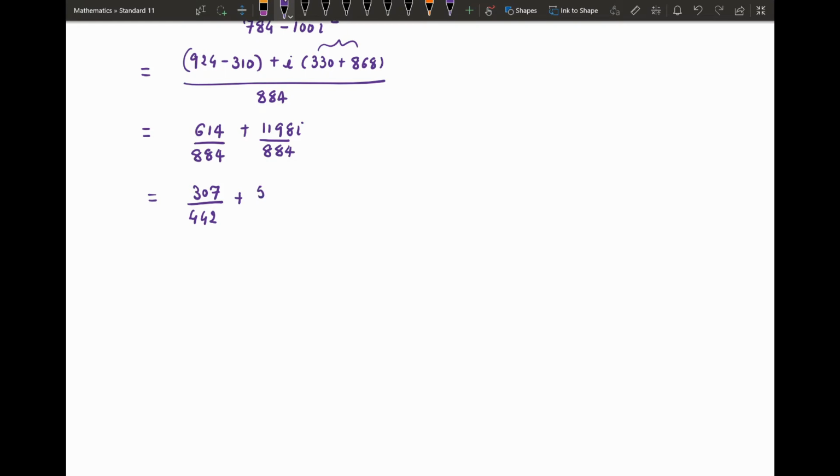Here 599 upon 442 i, which is standard form a plus ib form. So the question was to reduce it into the standard form. Standard form means a plus ib form.